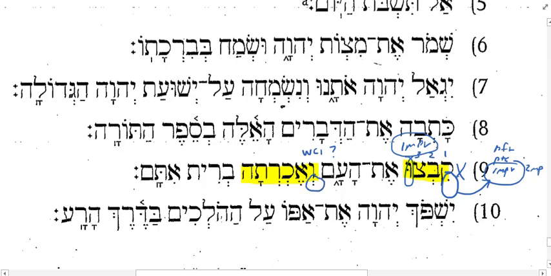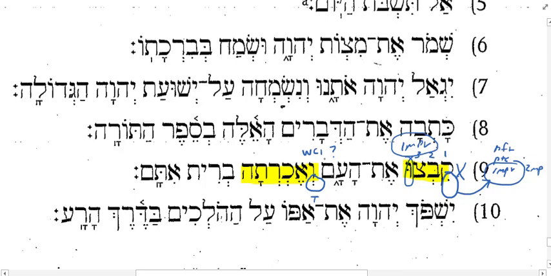No. Do you see the vocal shava under the vav? There's no pathak or kametz, which is what I'm going to get with a vayiktol, right? So this vayiktol is the WCI.